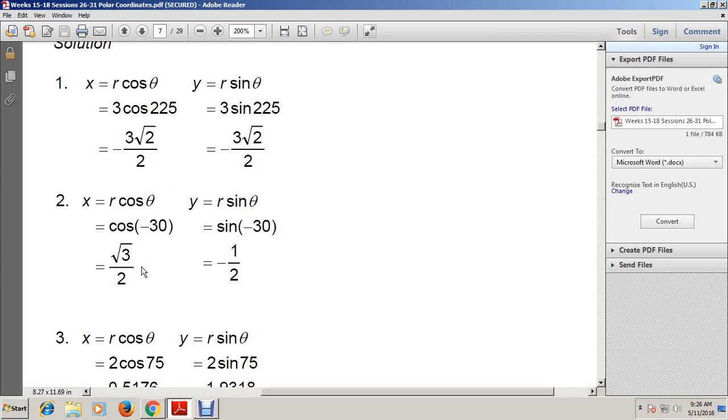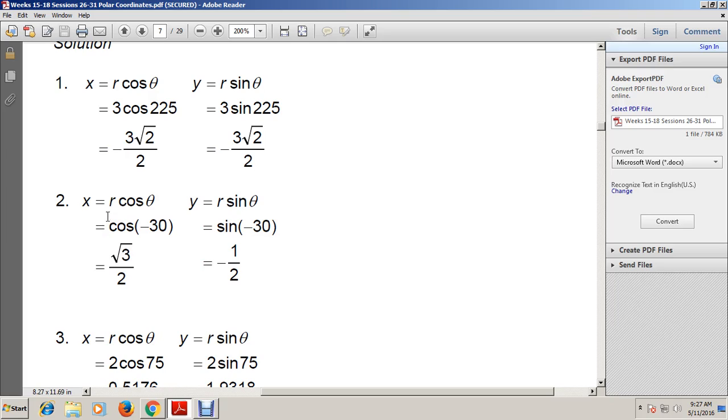Okay? Now, number two. We have r cosine theta, where r is equal to 1 and theta is equal to negative 30. Now, remember our convention for determining the location of a negative angle. A negative angle is measured from the positive x if the magnitude of r is positive, and it is measured clockwise from the polar axis.